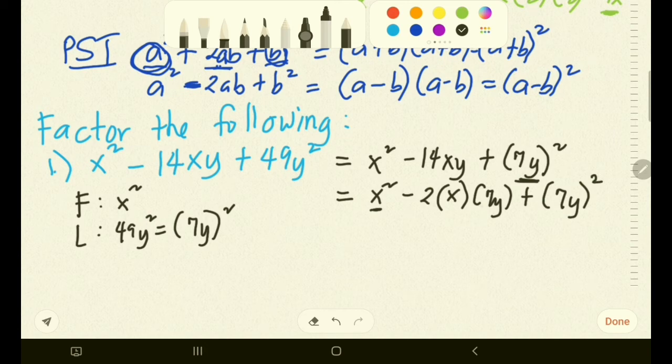Since we expressed this into this pattern, the PST or perfect square trinomial, it is clear that x squared minus 14xy plus 49y squared is a perfect square trinomial.